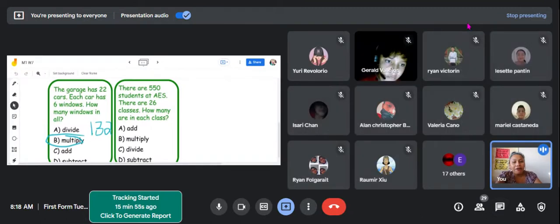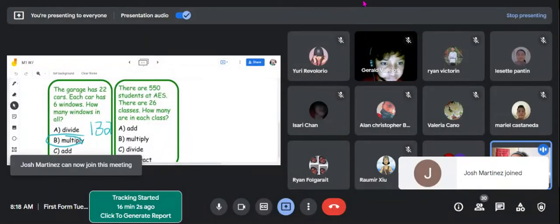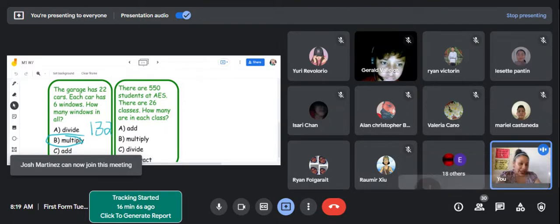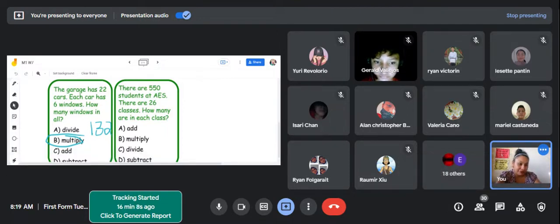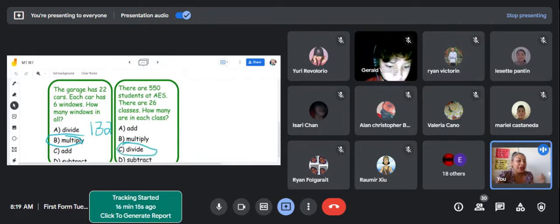Last one. There are 550 students at AES. There are 26 classes. How many are in each class? Divide, miss. Divide. Very good. If we divide, what would our answer be?